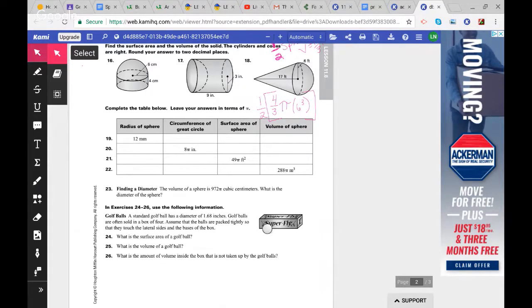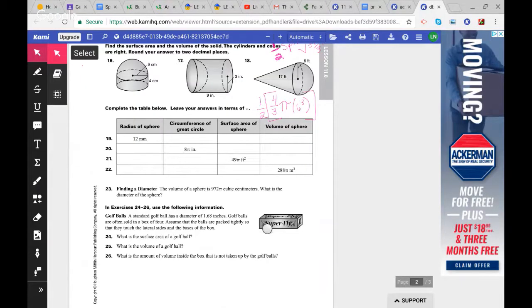And 25 and probably 26 are about volume, so you're okay with it. It's mainly to help you practice. So when you see these on your quiz tomorrow, you'll be ready for that.